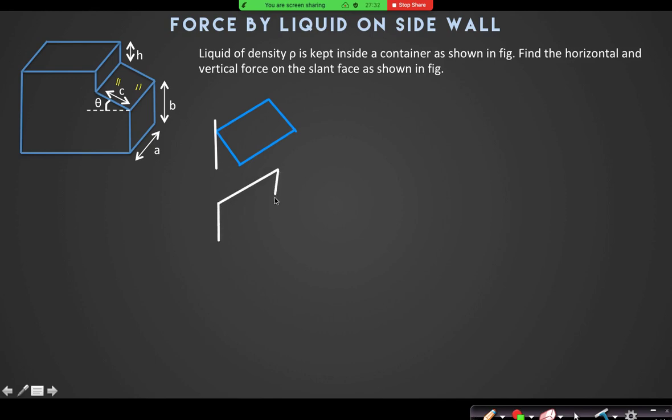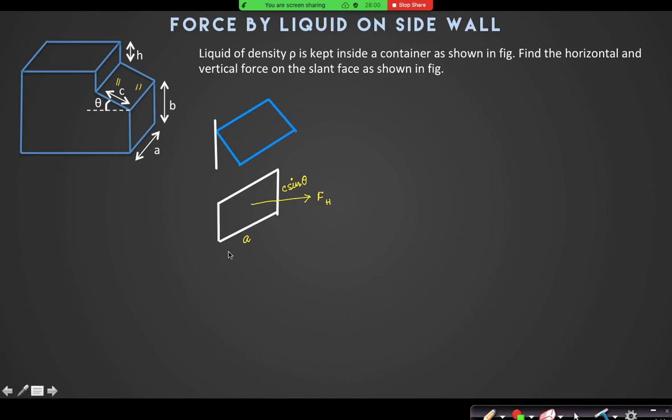A rectangular projection looks like this. What is the length of this rectangular projection? It remains the same, A. And what is the height of this projection? Is it C sin theta or not? Yes, sir, the height is C sin theta. So what is the horizontal component of that force that I can easily calculate?